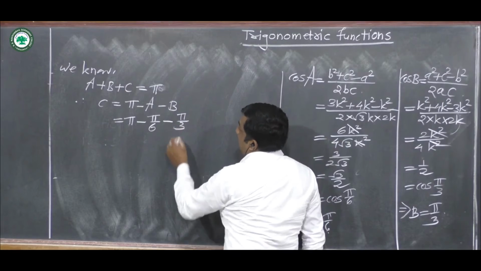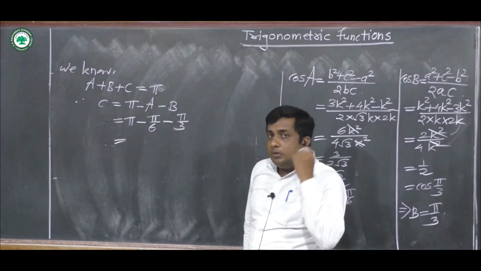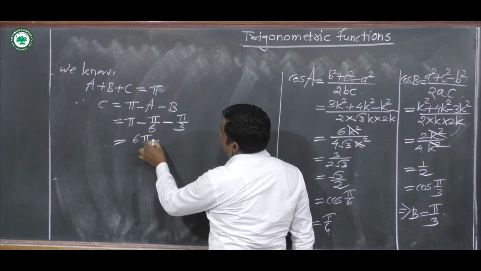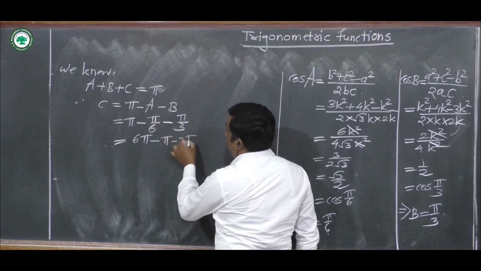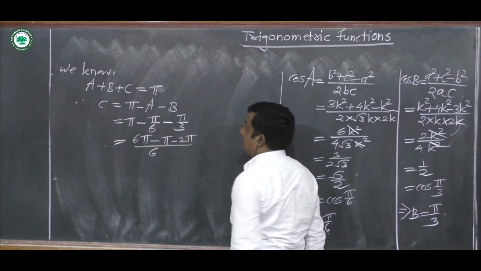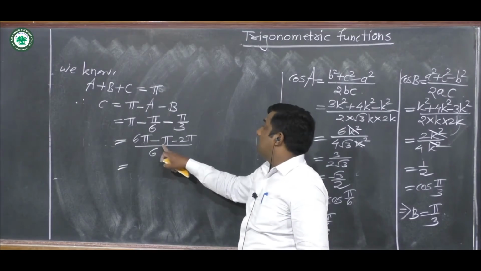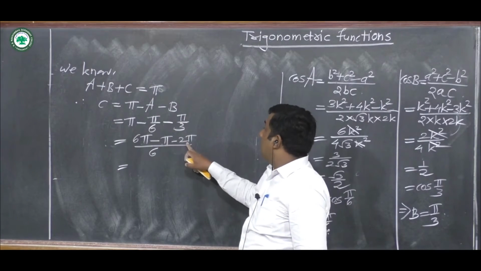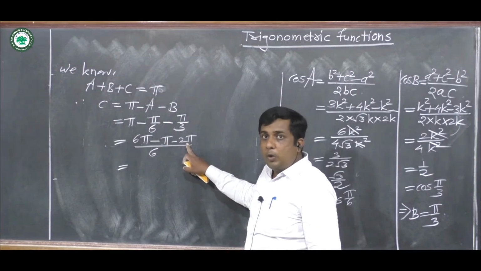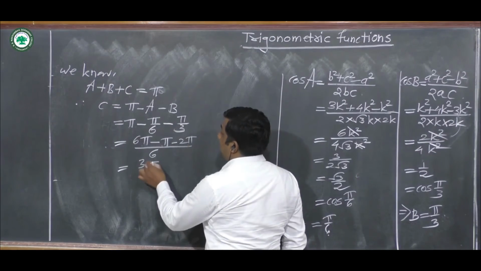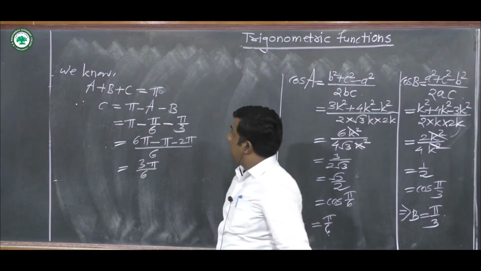So this is equal to, now here we get (6 pi minus pi minus 2 pi) divided by 6. We know 6 pi minus pi is 5 pi, 5 pi minus 2 pi is 3 pi, so 3 pi by 6.